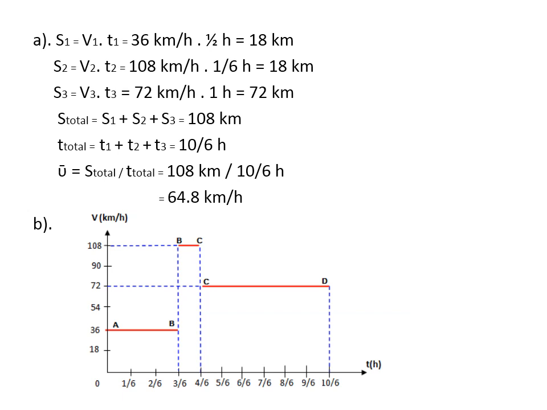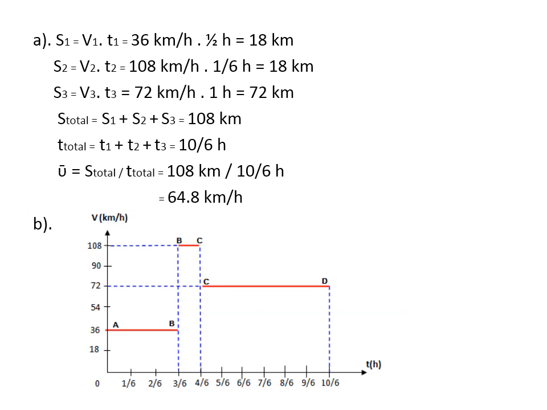And after that, the car moved with velocity 108 km per hour from B to C with constant speed too. So the line is shown by BC, because the time is just 1 per 6 hour.